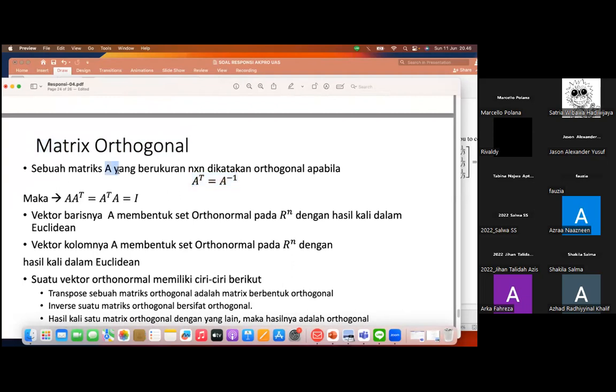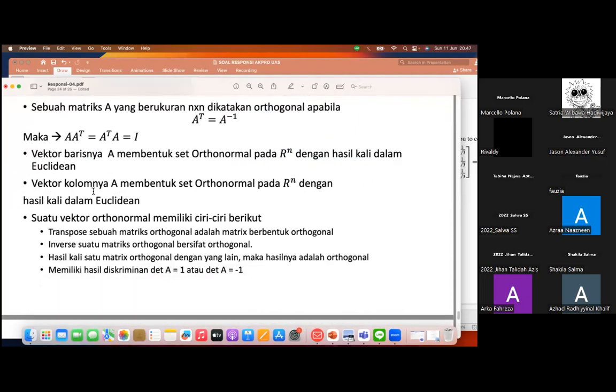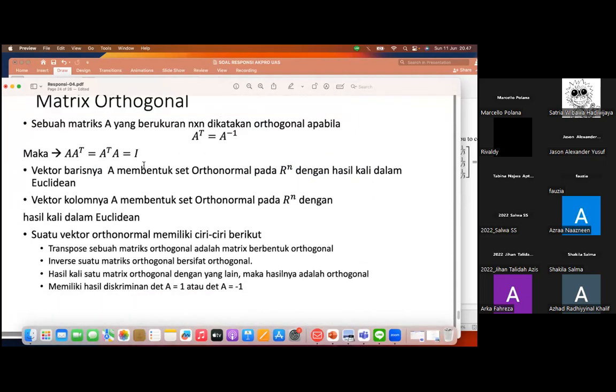Let's say we have matrix A, and if we transpose matrix A, and then find the inverse of matrix A, we're going to see that the transpose matrix and the inverse are the same. So this is what we call an orthogonal matrix. Hence, because of this relationship, we can say that A times A transpose is equal to A transpose times A, which is equal to the identity matrix.